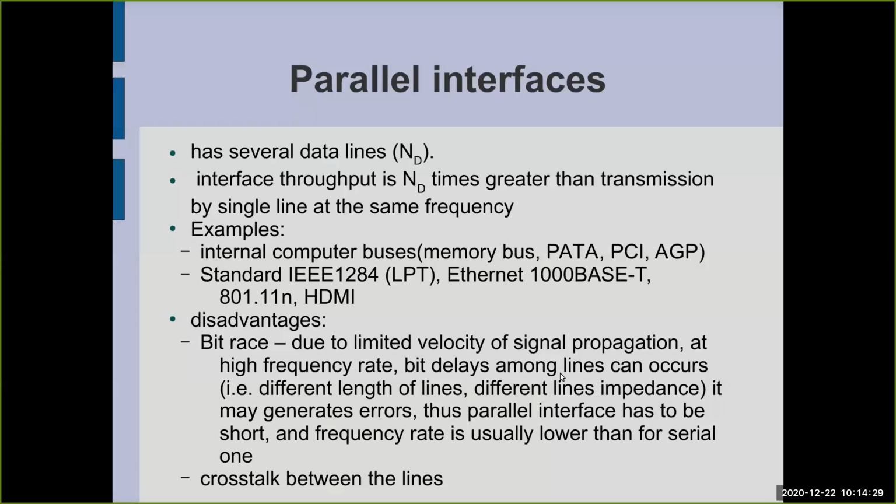If you have 8 lines and they are not perfectly aligned, there are some physical differences between them, you can observe that some bits will arrive earlier or later than the clock line. Yeah? So in this case, we are not able to read valid data. So how can we solve this problem? We can limit the interface frequency.